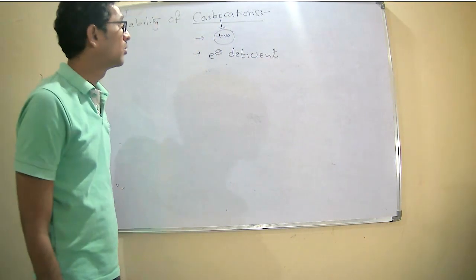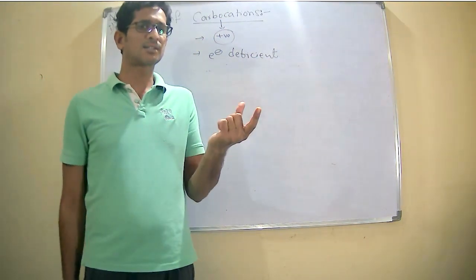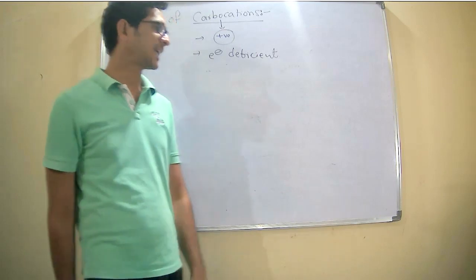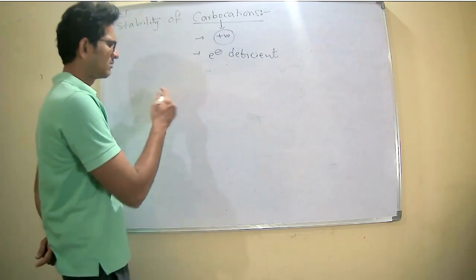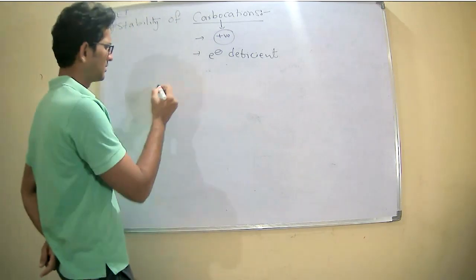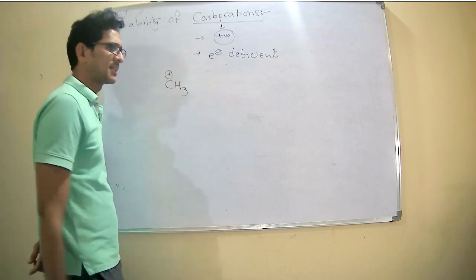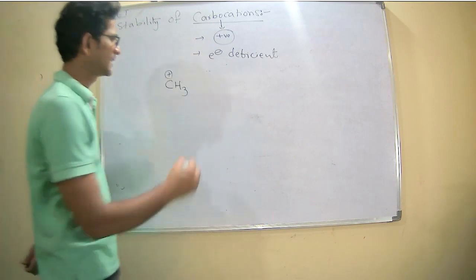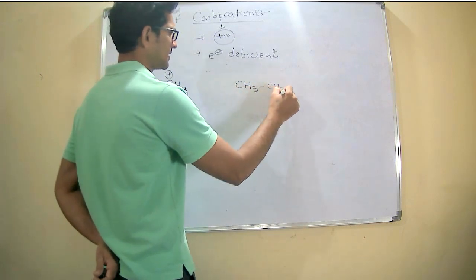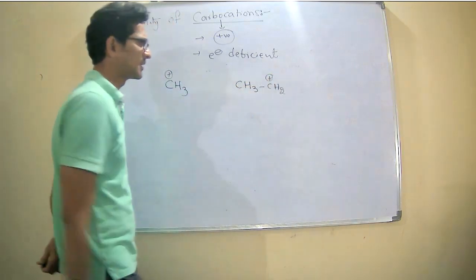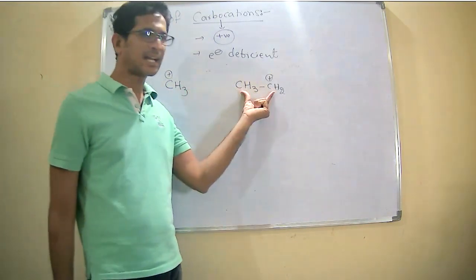Now, how does the inductive effect influence the stability of a carbocation? We will explain with some examples. CH3+ is the methyl cation. The second one is CH3CH2+, the ethyl cation.